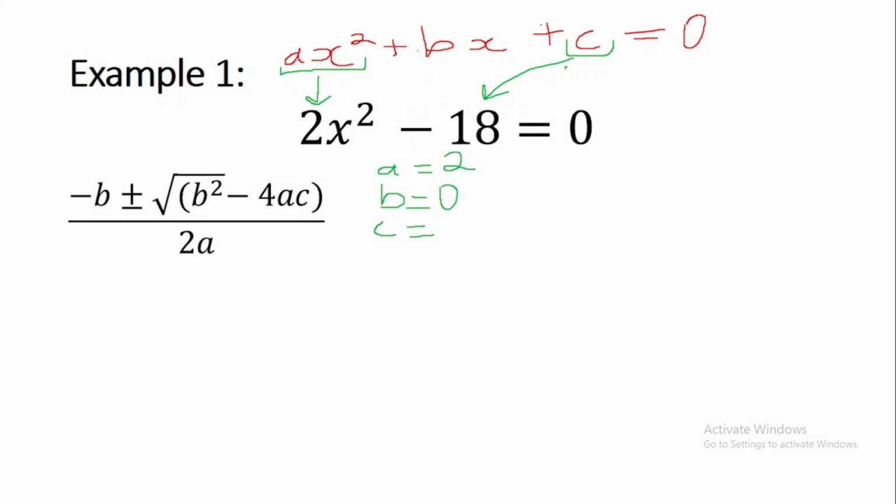And c, the constant in this equation, is negative 18. So now that we have what our a, b, and c are, all we're going to do is plug them into this formula, and we'll be able to solve to find what x is equal to.